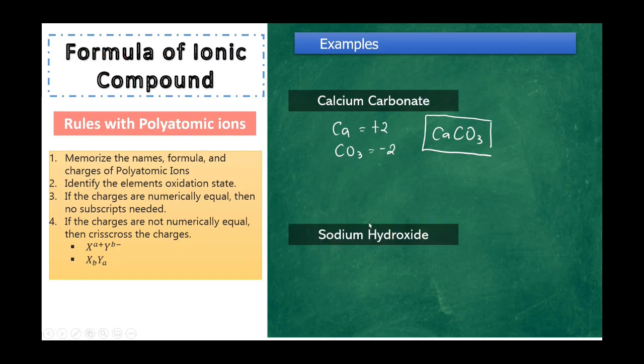For the next one, we have sodium hydroxide. So how? Look at the periodic table. Sodium, what is the charge of sodium? We have here Na, positive 1. And then for our OH, look at the back.